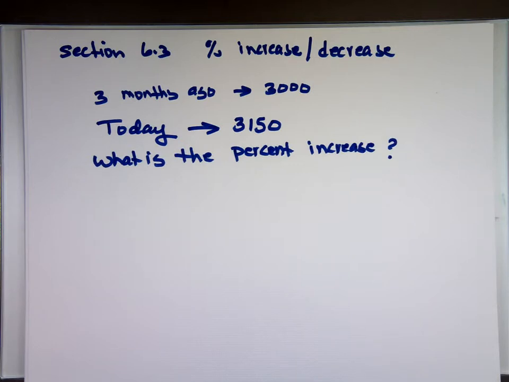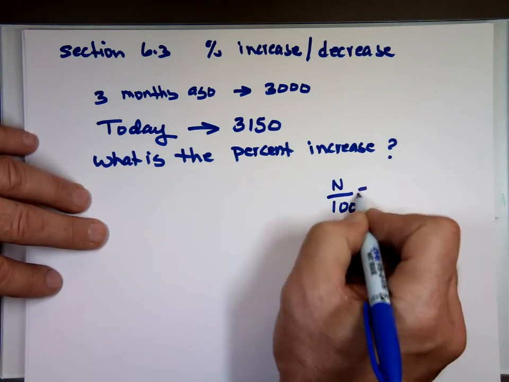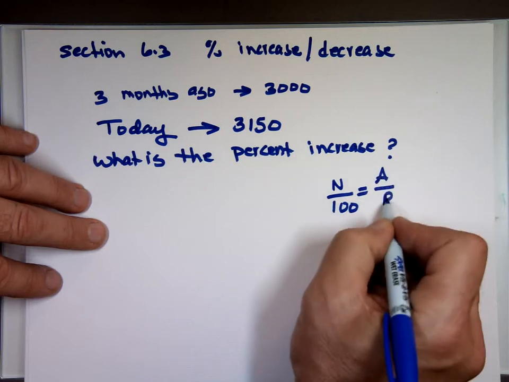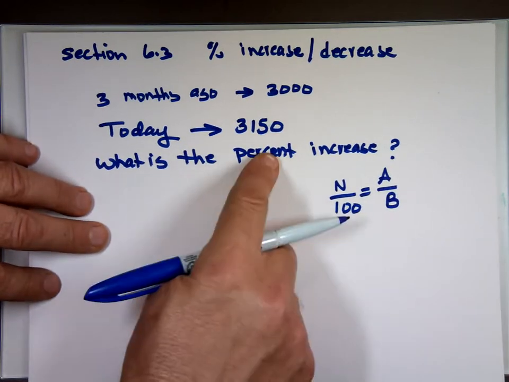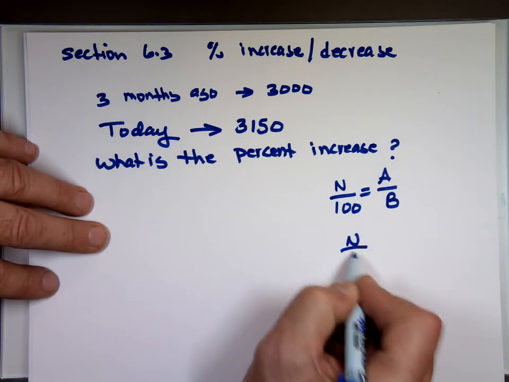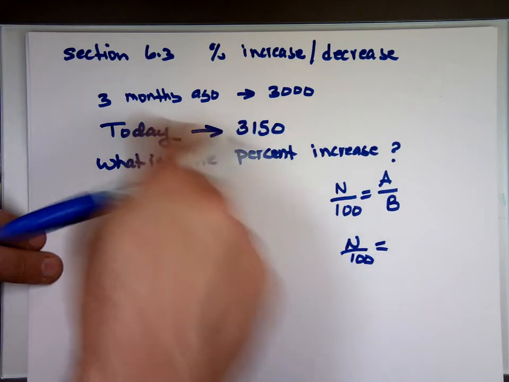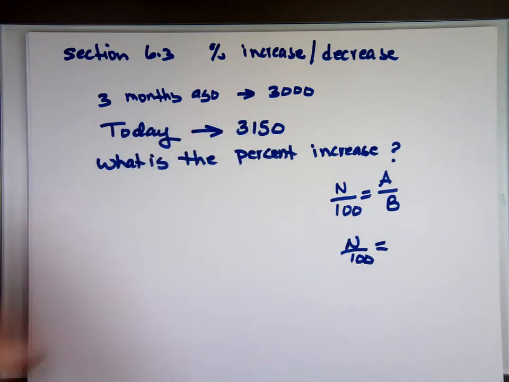We are going to use the proportion method. We are going to use the ratio of n to 100 is the same as the amount to the base. What I'm looking for is the percent, I'm looking for n. So I need to sift through my numbers and figure out which one is the amount and which one is the base.